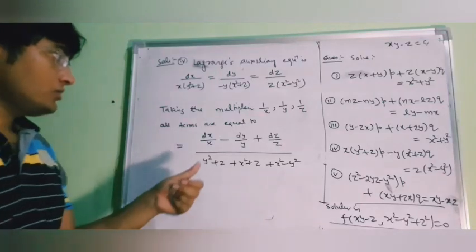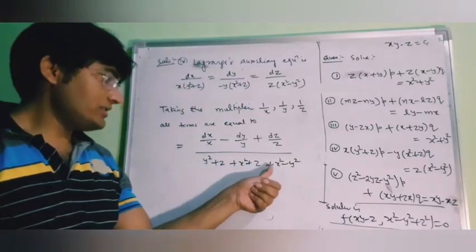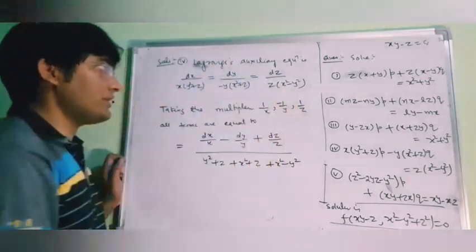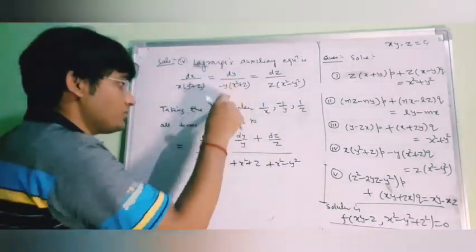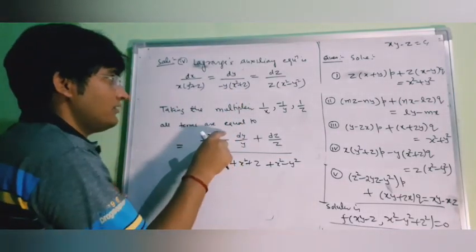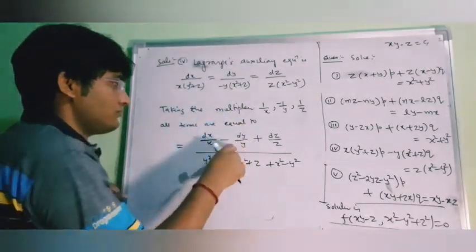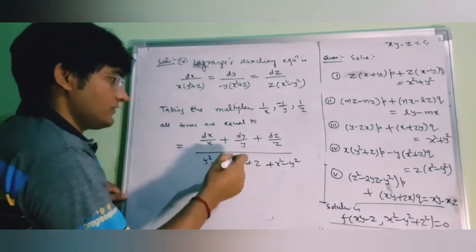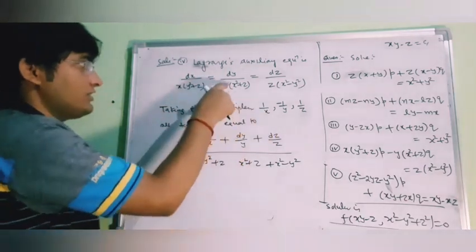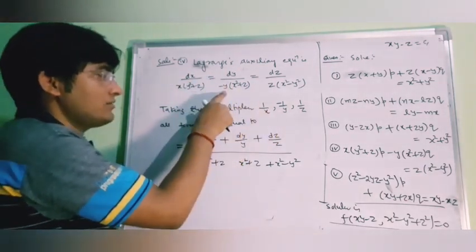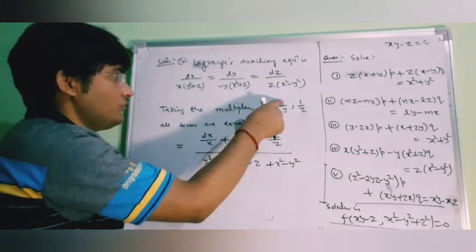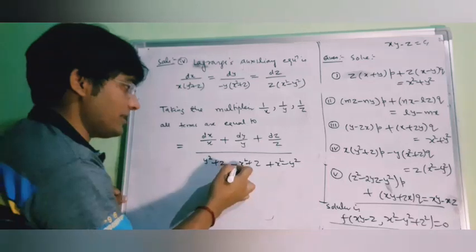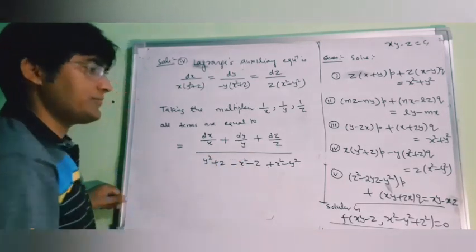Now to cancel this x square with this x square, let us take this 1 by y as multiplier minus 1 by y. Now if we take this multiplier as minus 1 by y, so we will get here minus sign, minus minus plus, and this will become your dy upon y, and here we will get minus x square minus z.